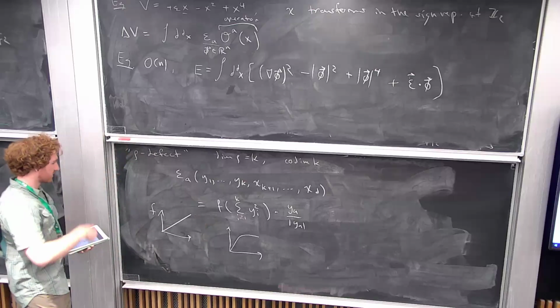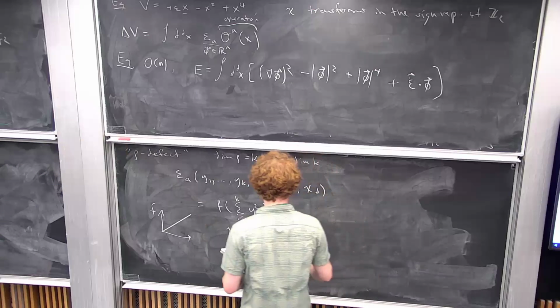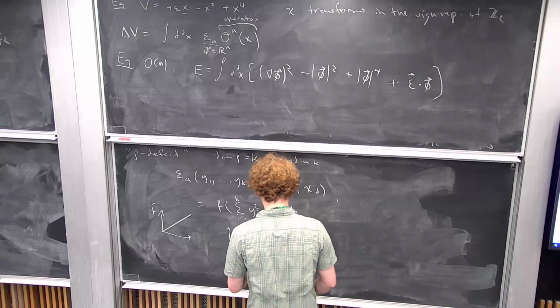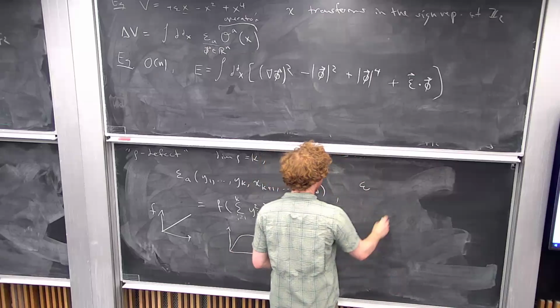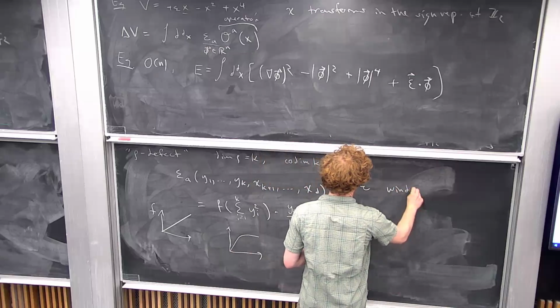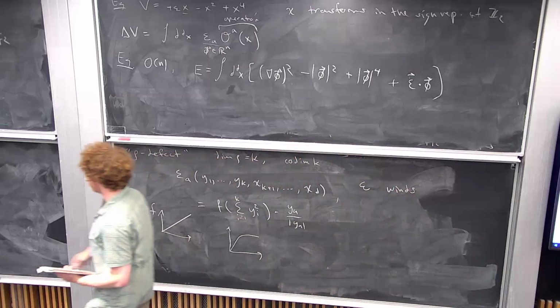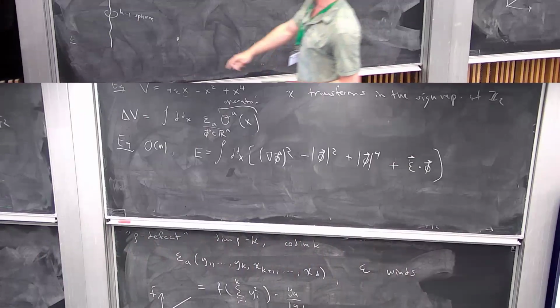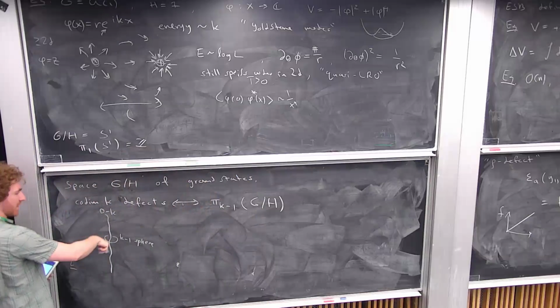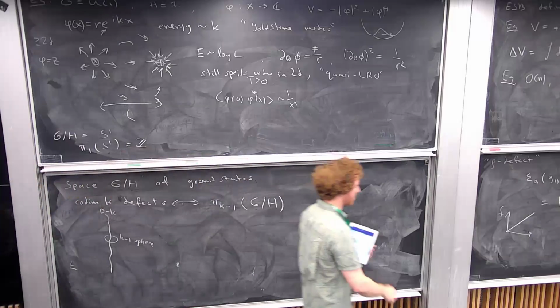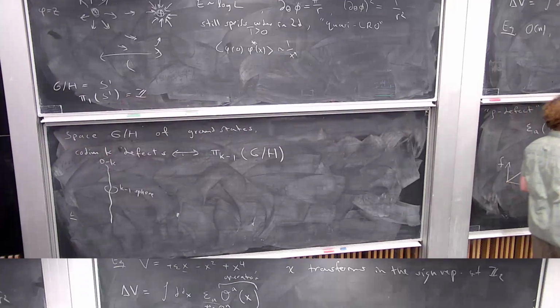And so what you can think of is that epsilon, similar to here, where the state we were in winds around a k-1 sphere, but in this ground state space, here our perturbation winds around a k-1 sphere.